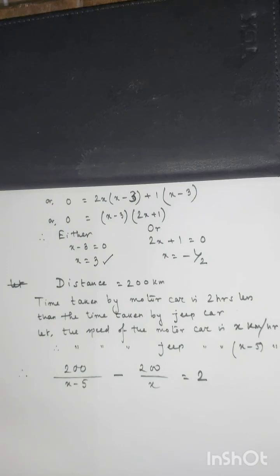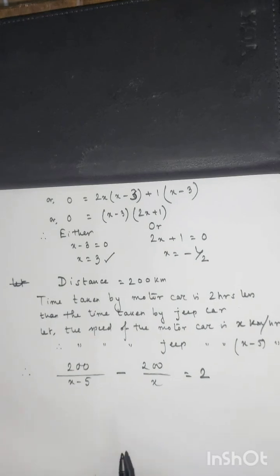Okay, time taken by jeep car and time taken by motor car, and they are different. The difference in time is 2 hours.